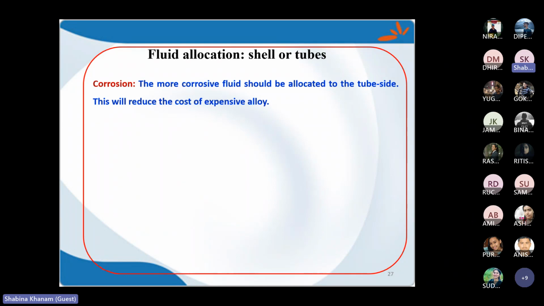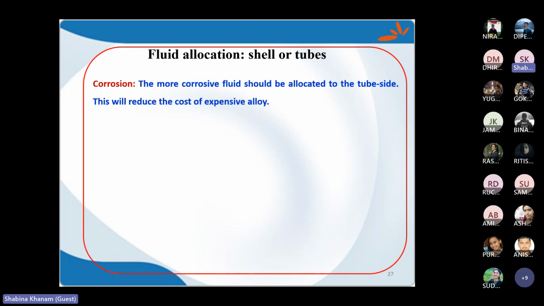Corrosion damages the material. So obviously, if you have a more corrosive fluid, it should be allocated to the tube side, not the shell side. The reason is that, as I have told you, the tube involves less material.